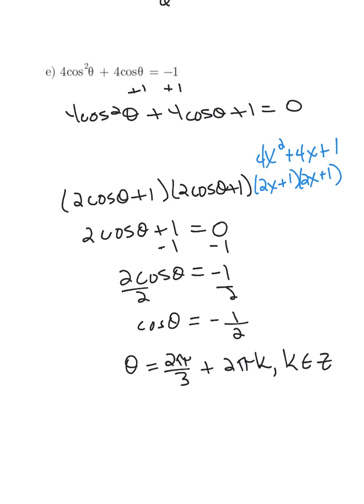And then the place in quadrant 3 where cosine is -1/2 is 4 pi over 3. When your quadrants are side by side, 2 and 3, 1 and 2, that type of thing, you have to do the plus 2 pi k. And so that's the solution for this problem.